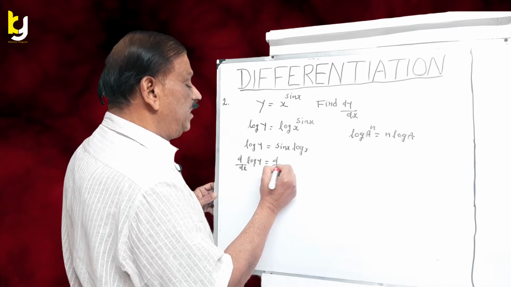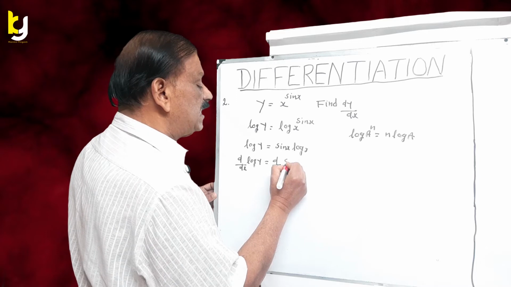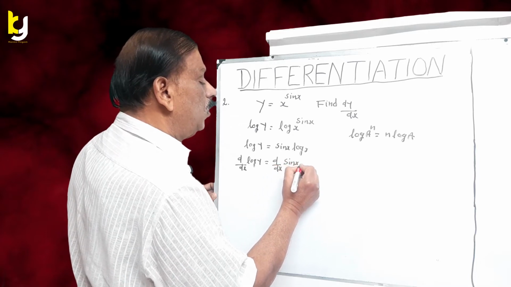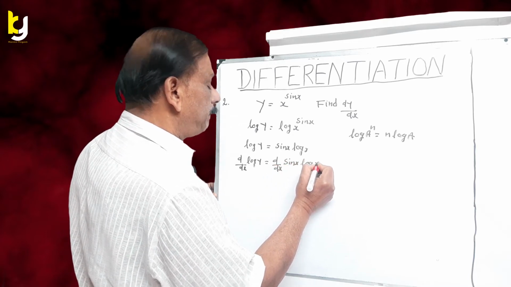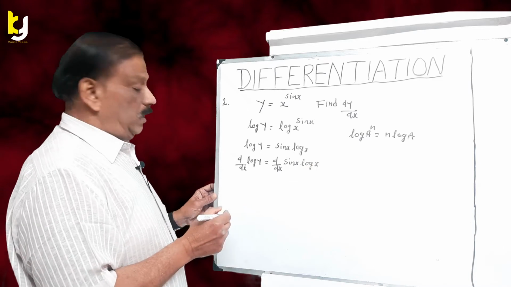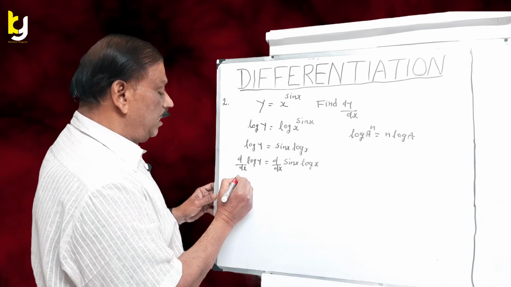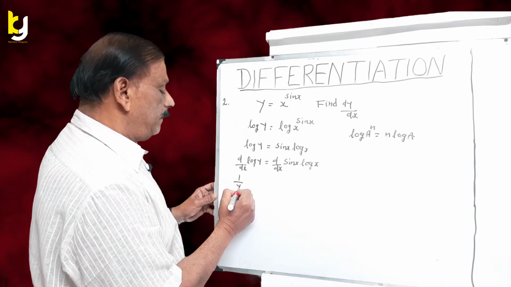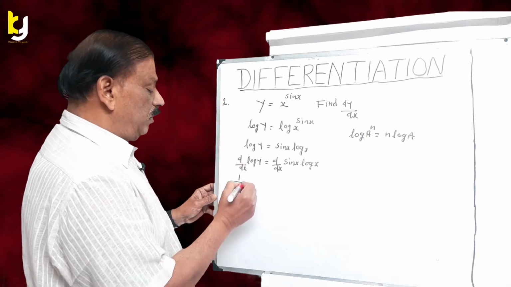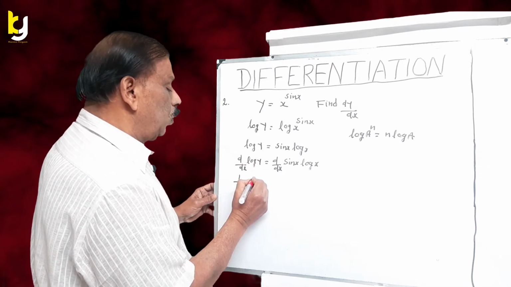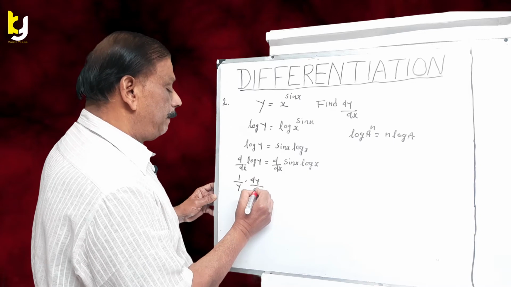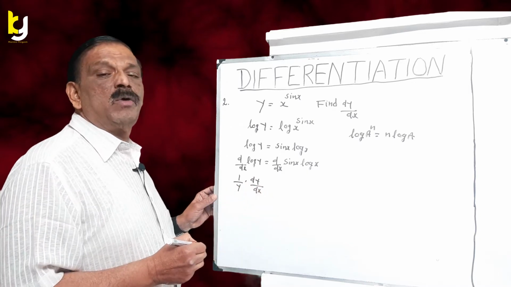d by dx of log y equal to 1 by y into dy by dx. We know d by dx of log x equal to 1 by x.